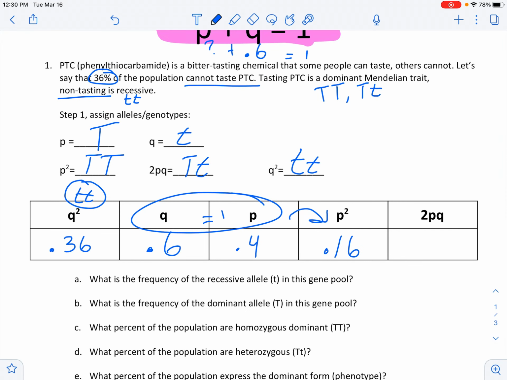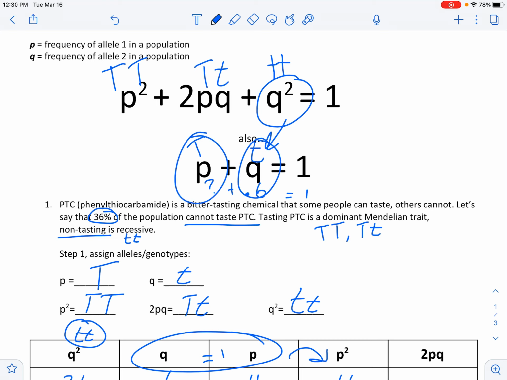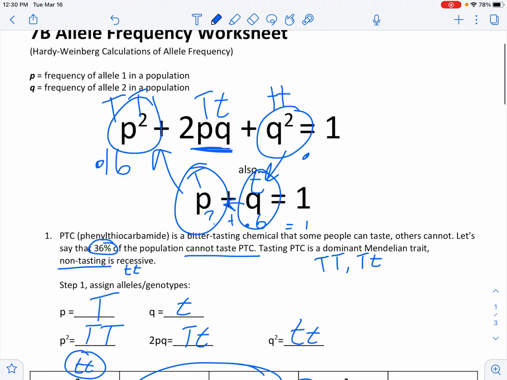So how do we do this last column? We started here and went counterclockwise. We got q, then p, then p squared. Now all that's left is 2pq. If we know p squared is 0.16 and q squared is 0.36, then we can solve this. We just think about 2pq as being x, and we're solving for x.